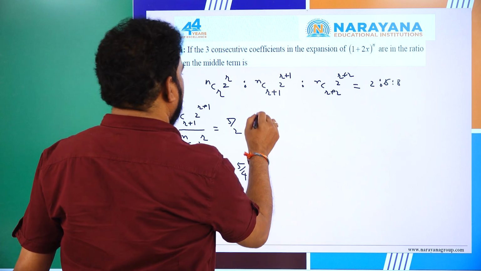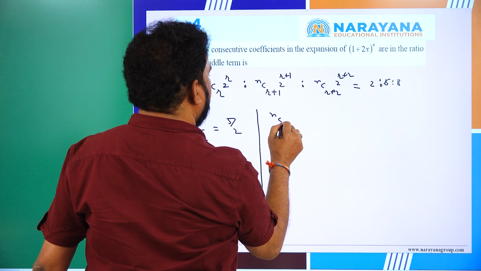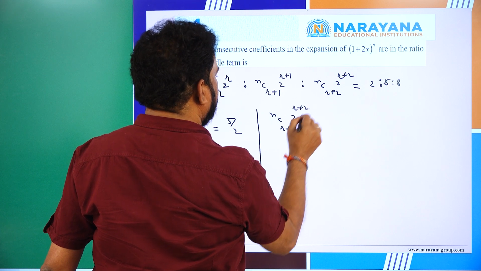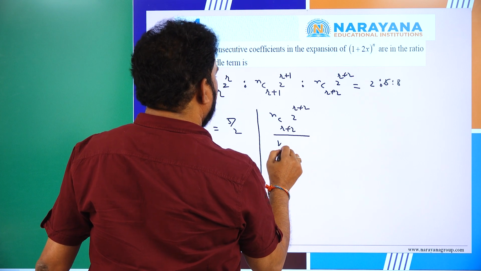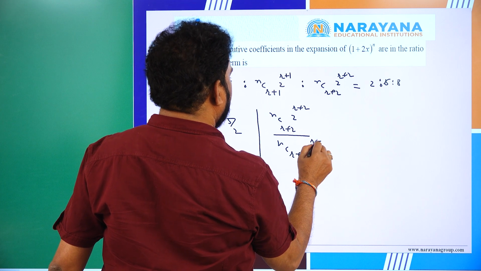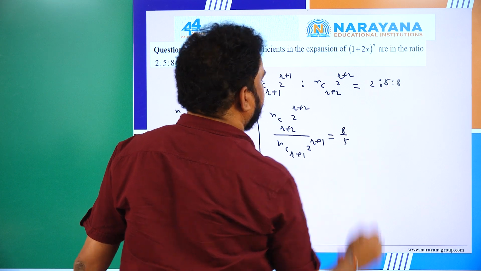Similarly, nC(r+2) 2 power r+2 by nC(r+1) 2 power r+1 is equal to the ratio 8/5.